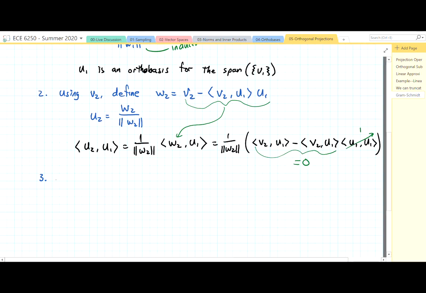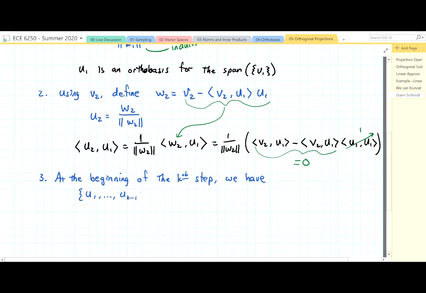Okay, so now let's go with induction. At the beginning of the kth step, we have u1 through uk minus 1 that we've already defined.